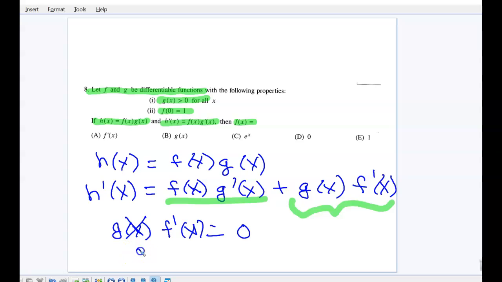So therefore, the derivative of f has to equal 0. And therefore, we have to try to figure out what f is, okay? So in this particular point, if we look at our choices, the only function that has a derivative of 0 is if my function f is equal to 1. So therefore, the value of f of x would be equal to 1.